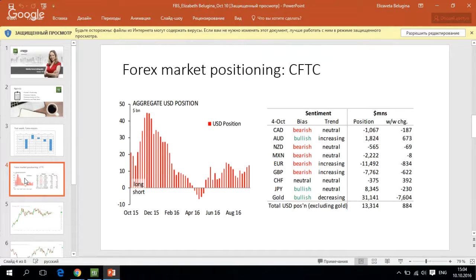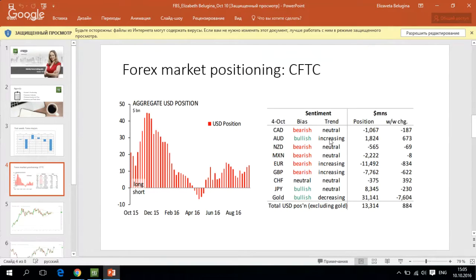Let's have a look at CFTC data. CFTC is the Commodity Futures Trading Commission, and I remind you that this commission releases data about the market's positioning every Friday. The period of the release covers the term of the week, which ends on Tuesday, of the week in question.